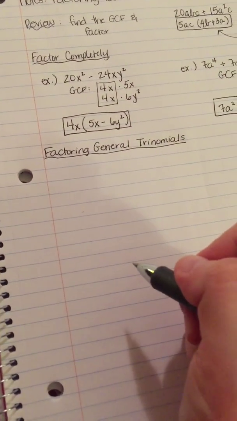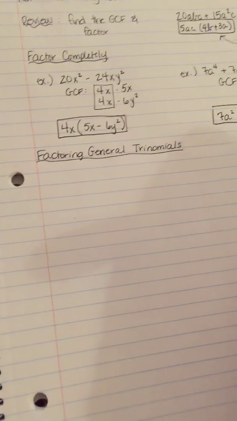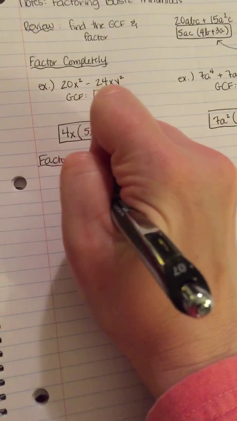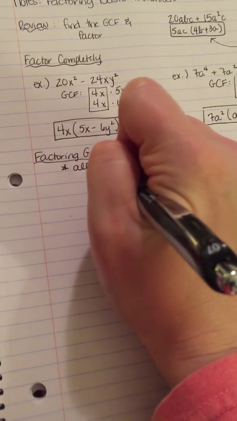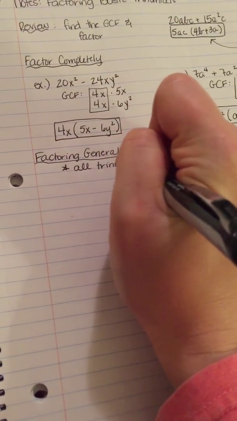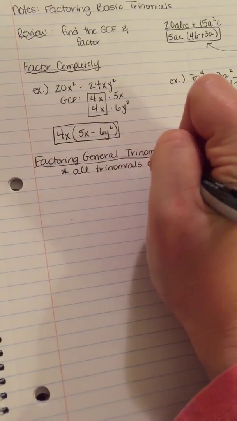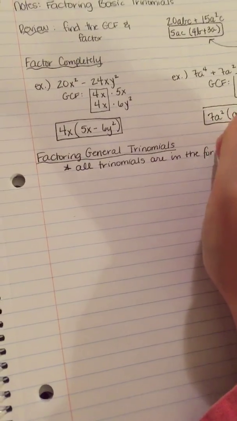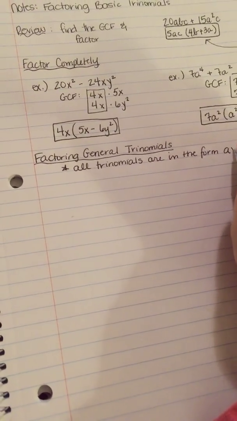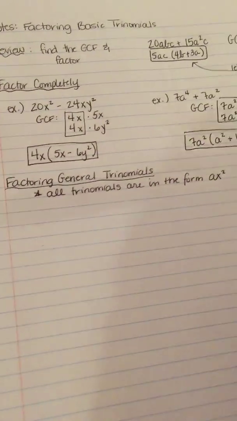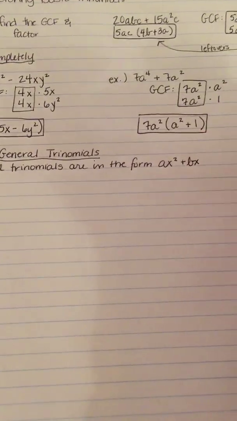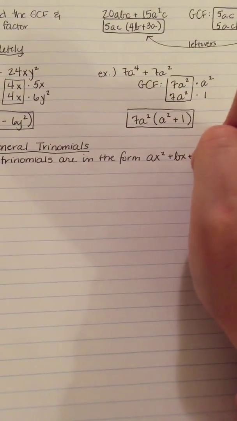So factoring general trinomials. The first thing I want you to know, and I want you to realize, is that all trinomials are in the form ax squared plus bx plus c.